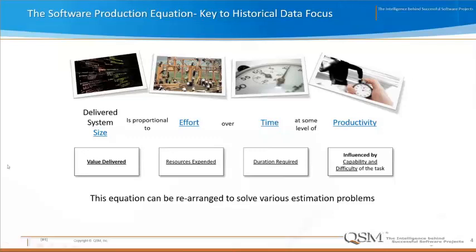What we're doing here is linking the amount of functionality or value delivered, or size delivered, to the time and the effort that it takes to deliver it. In addition to that, we're linking the level of productivity that it's going to take to deliver that value or functionality. This is very important, and it's going to be key to the rest of the webinar, because it really is the key to the historical data focus that we're going to talk about today.